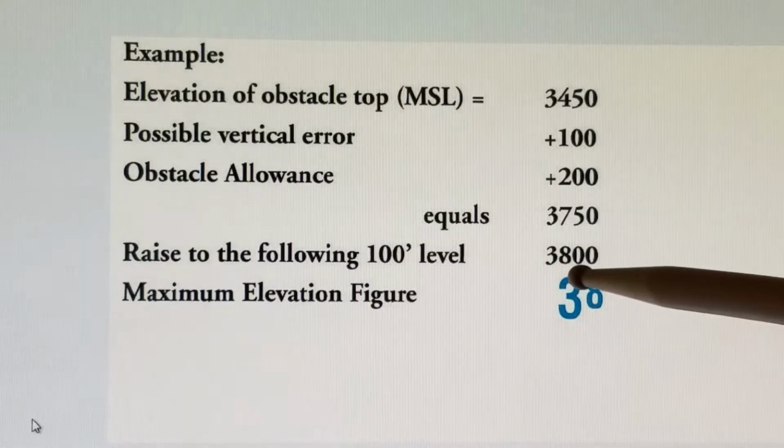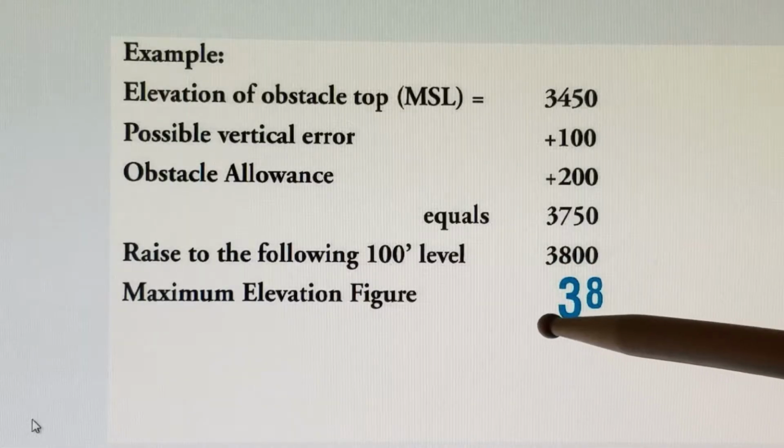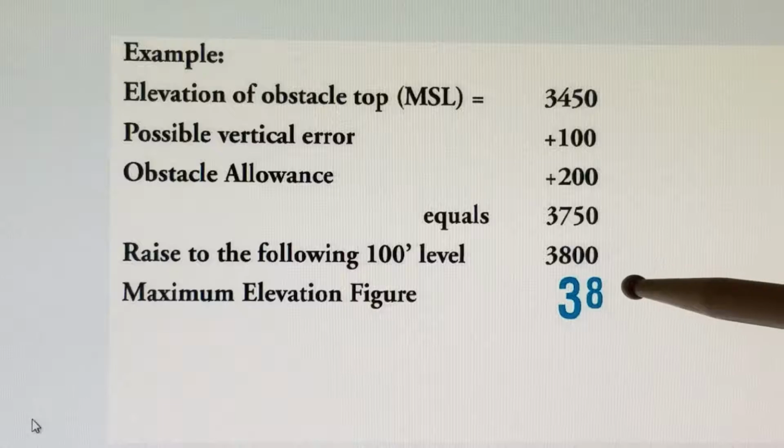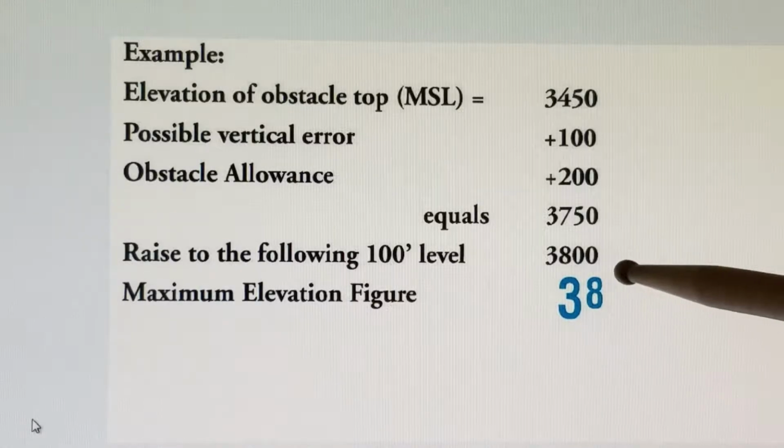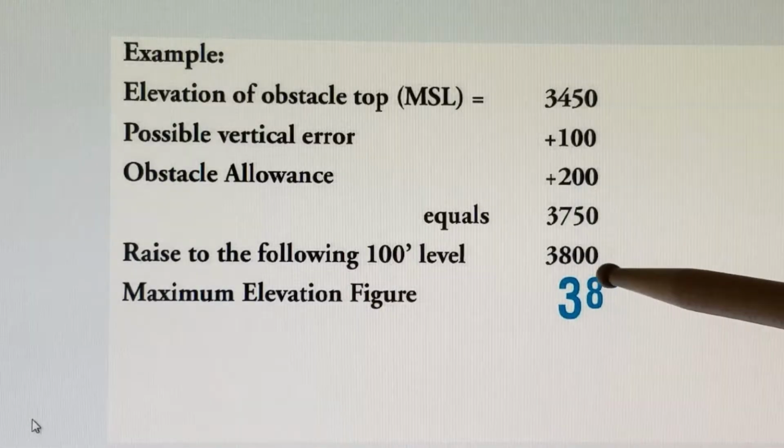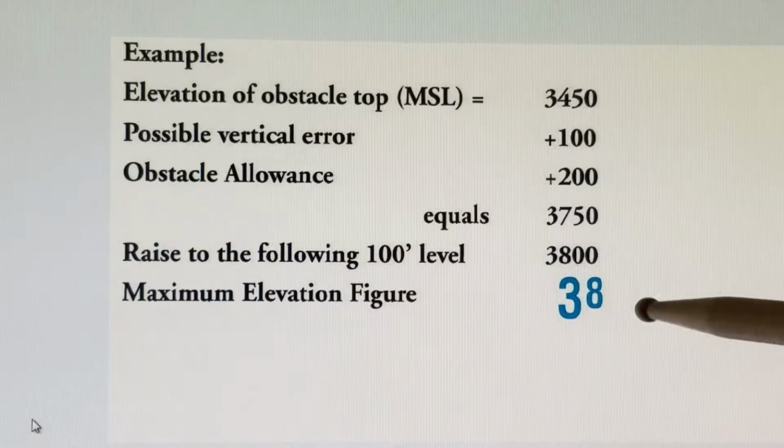One figure is big and the other figure is small, and as you know by now, when the elevation is marked like this, you drop off 2 zeros.